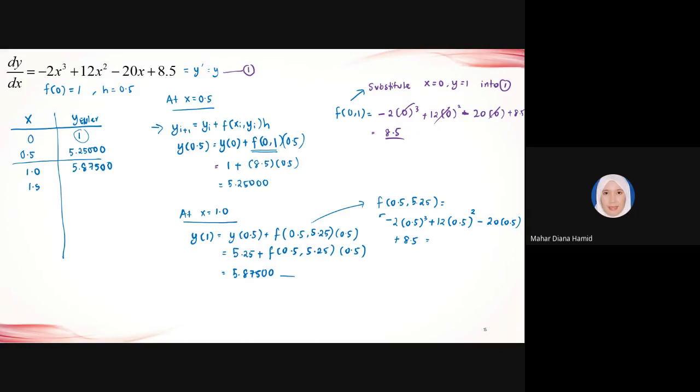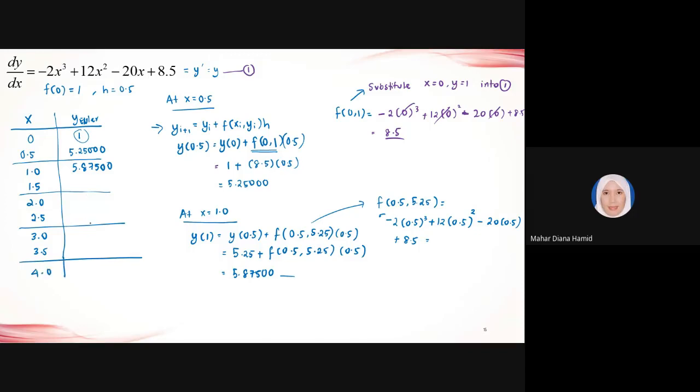And then we're going to continue with 1.5. Since we only have 10 more minutes, I hope that you can try to do this yourself at home. So this would be 2, 2.5, 3, 3.5, and 4.